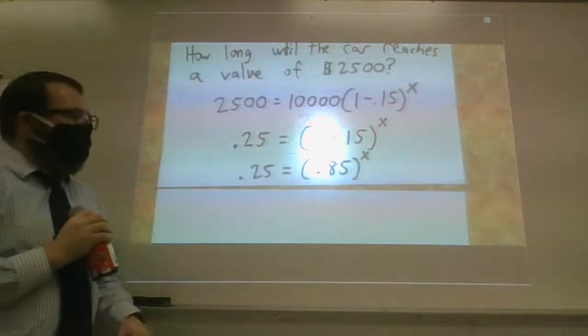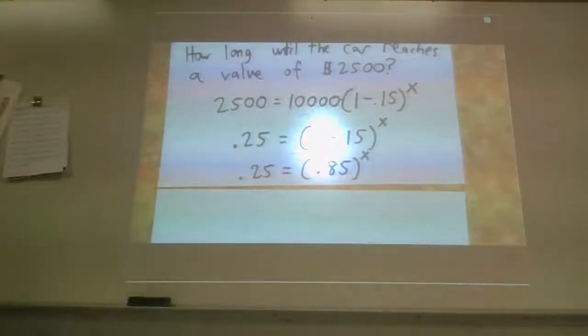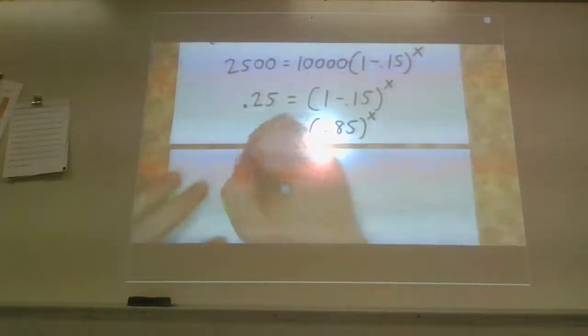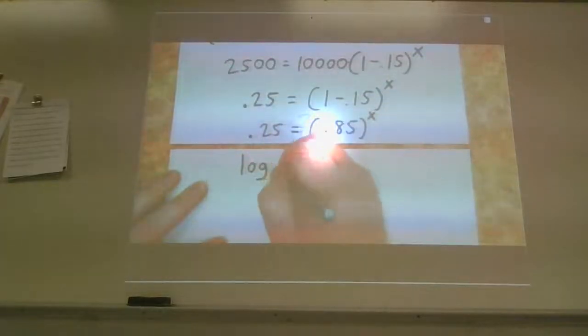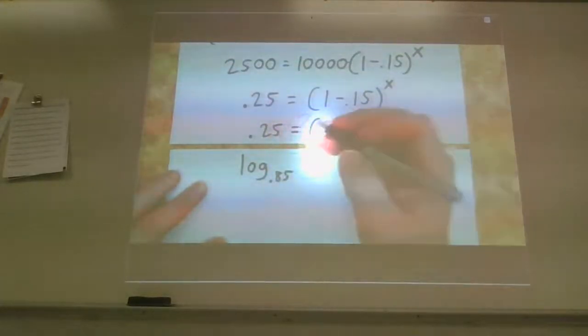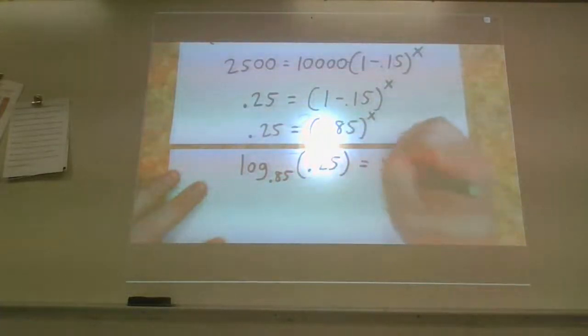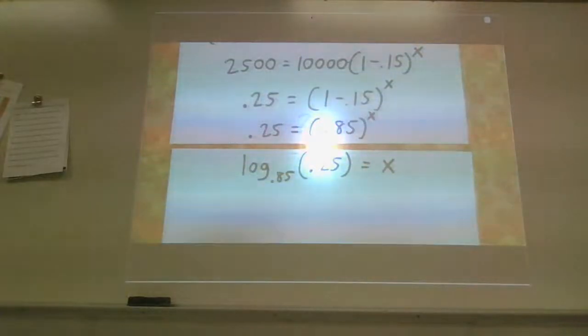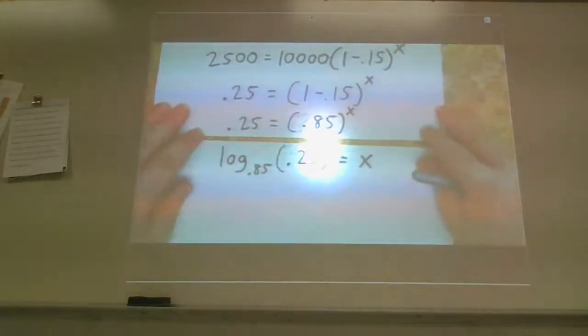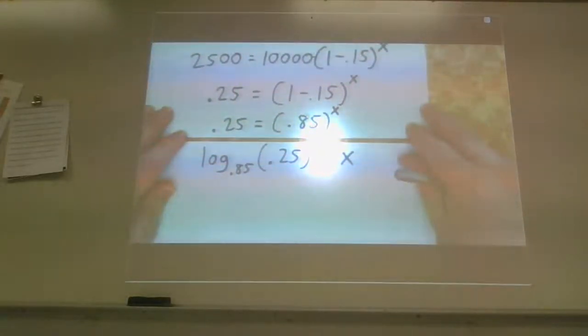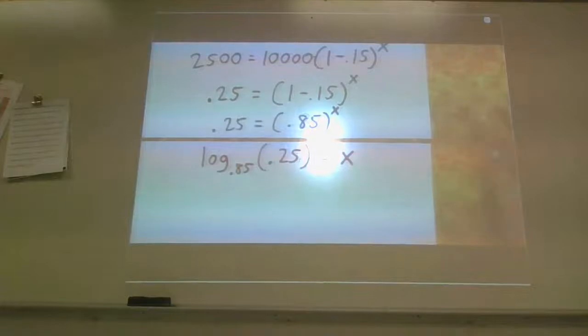There are two ways of handling it. I'm going to handle it the way we did last week, where I convert this equation into log base 0.85 of 0.25 equals x. I am going to put this into my calculator on the computer so I don't have to do any crazy conversion, but I will show you the conversion for the sake of argument.